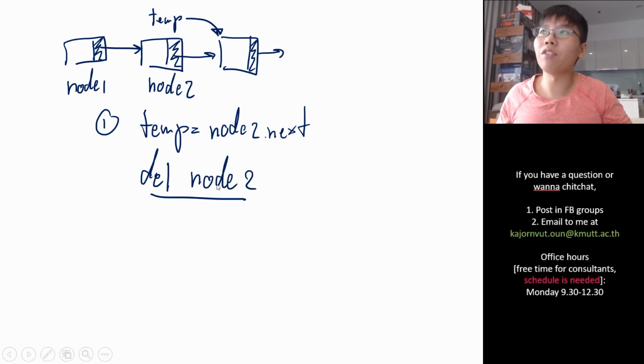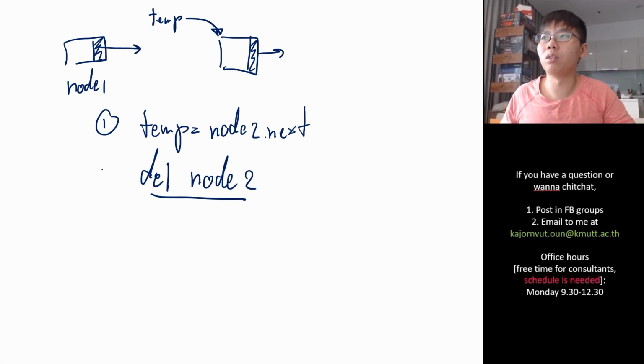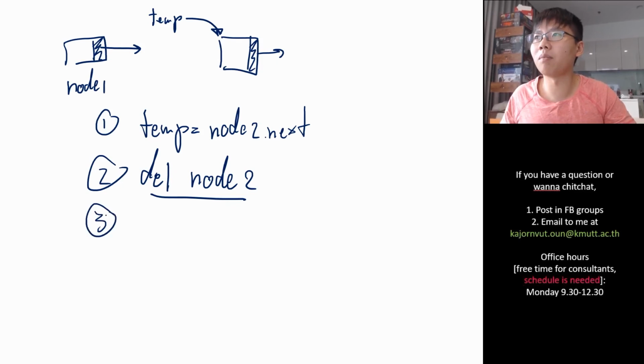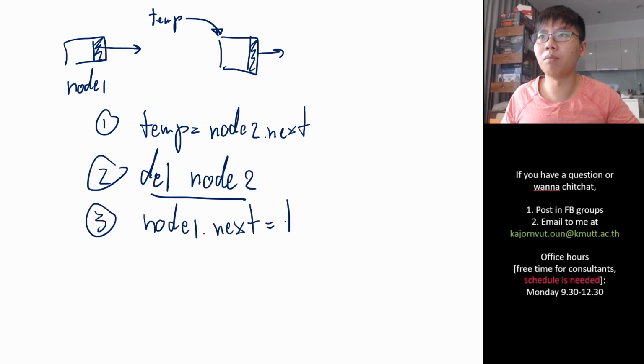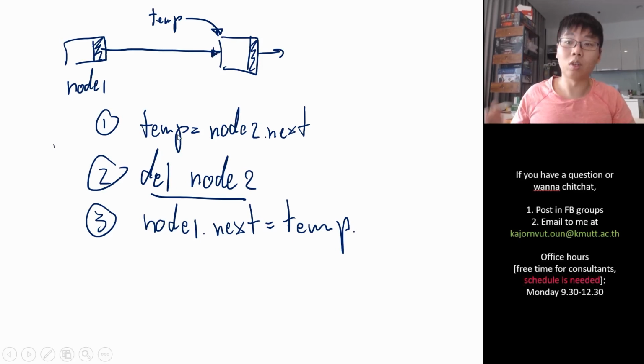After you delete node 2, there's nothing that node 1.next points to. So the third step is that you change node 1.next equal to temp, which means this one now points to the back of the chain. That is the idea for the deletion algorithm for single linked list.